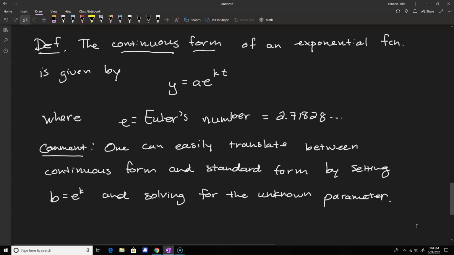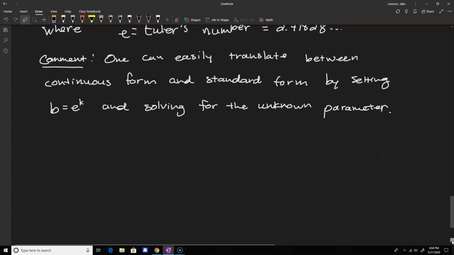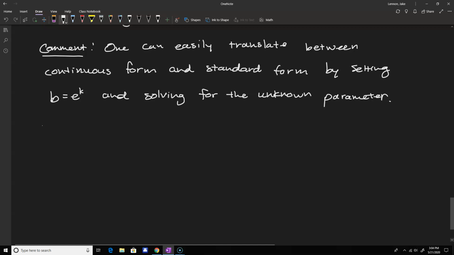Okay, so let's look at two examples each way, converting from standard to continuous and vice versa. So we'll convert to continuous form.